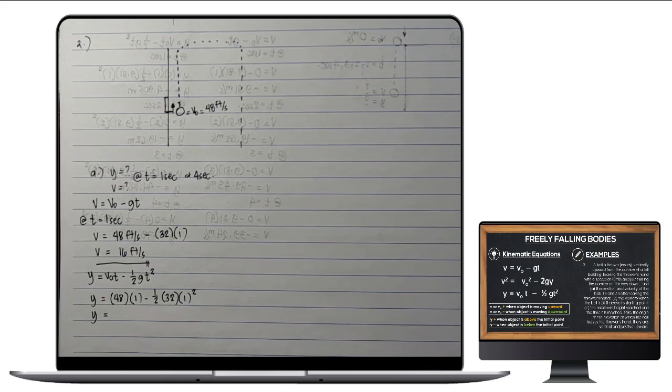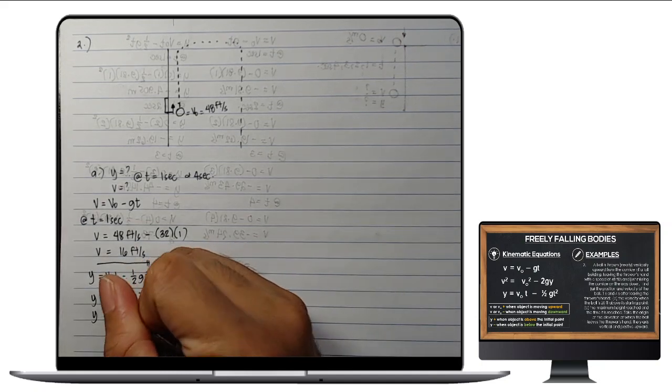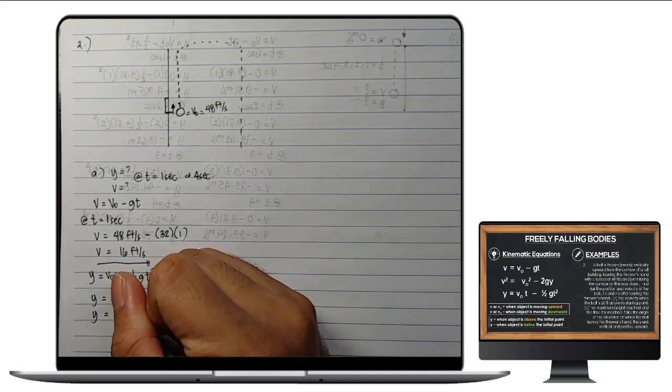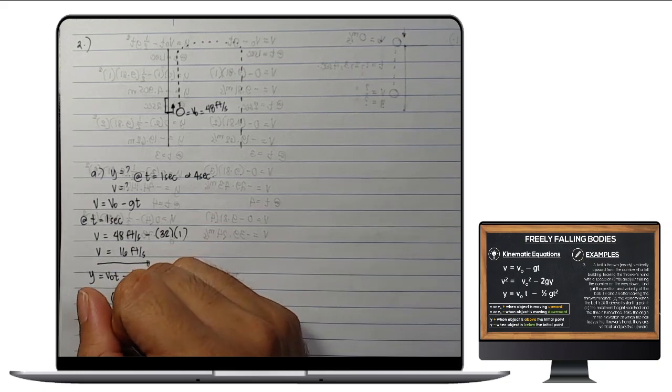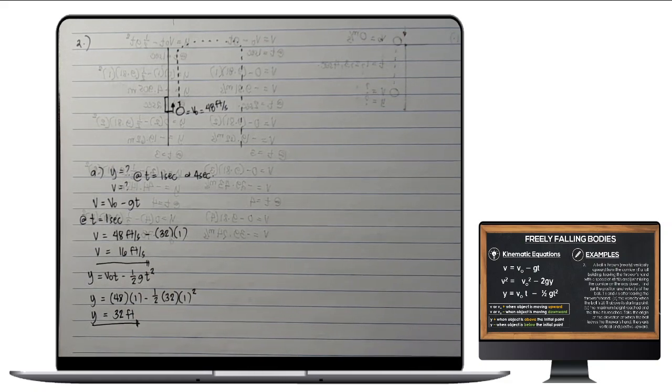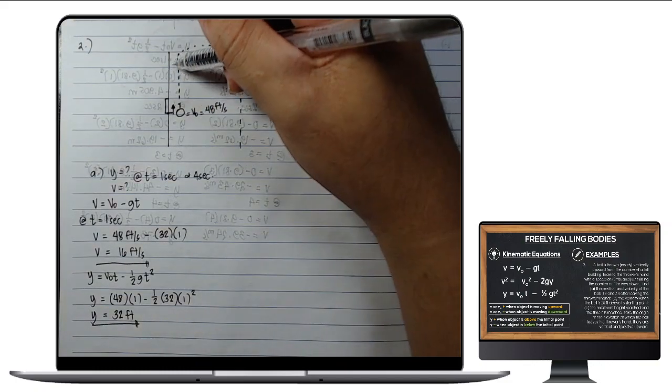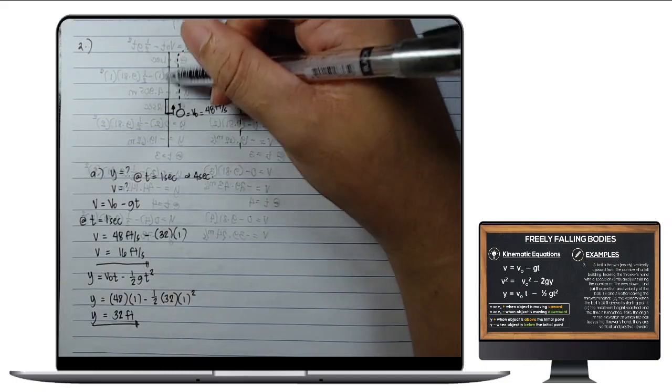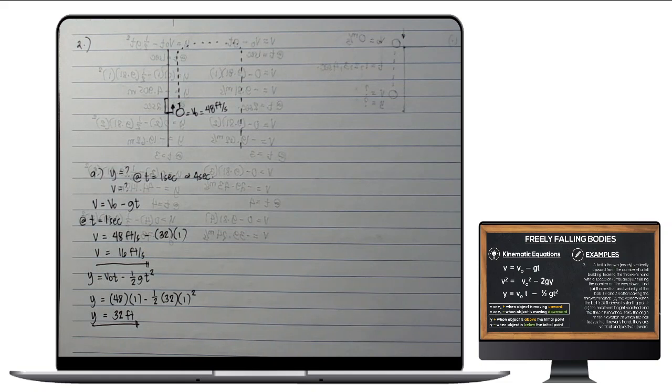We have y as 32 feet. So after 1 second, the ball is positioned 32 feet above the initial point, somewhere here.